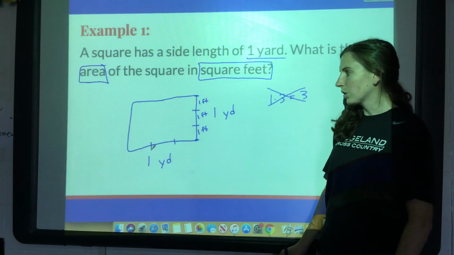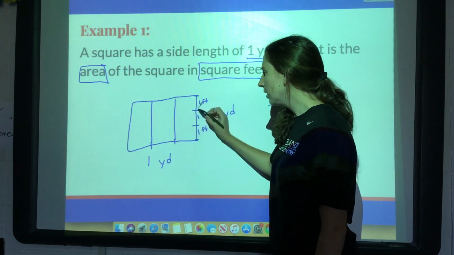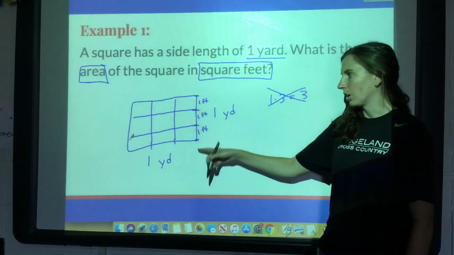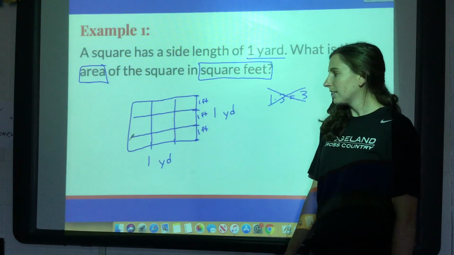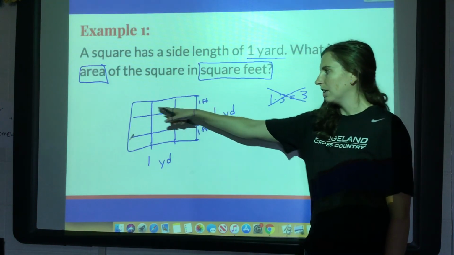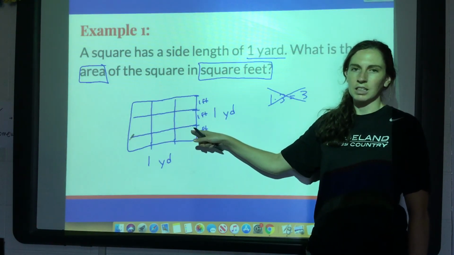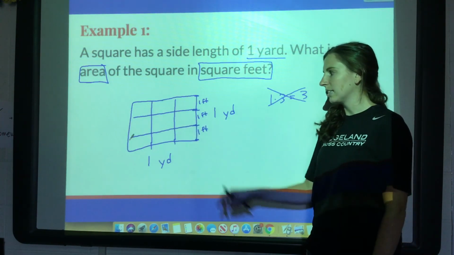What is the actual area of this thing? In yards, it is 1 yard squared. It's a yard by a yard, which is 1 square yard. But if we look at the feet, we've actually got 1, 2, 3, 4, 5, 6, 7, 8, 9 square feet. So that's what our answer should be when we're talking about area of this thing, is 9 square feet.